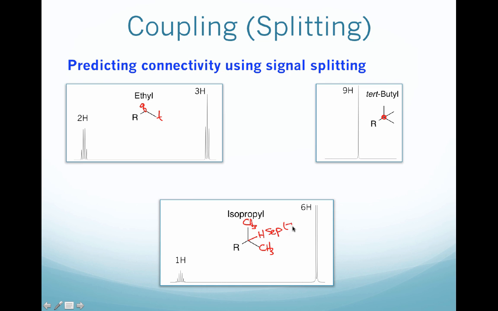So that's 7 lines. We have 3 from this methyl, 3 from this one, 6 plus 1 gives us 7. And then we have a 6 hydrogen integration as a doublet, and that's for these 6 hydrogens of the 2 methyl groups being coupled to this 1 proton on the CH.